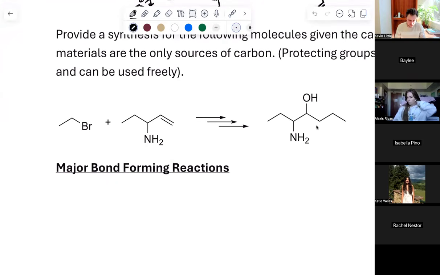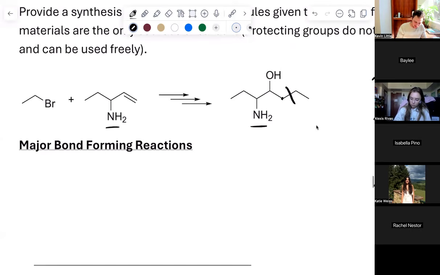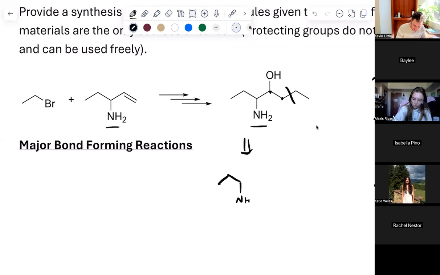All right. So I can already tell this is going to be a protecting group question because I have this amine that doesn't change. But my first thing is that's my major bond that I've got to explain. And I've got an OH that's 2 carbons away. So almost certainly I'm going to just kind of redraw my starting materials.